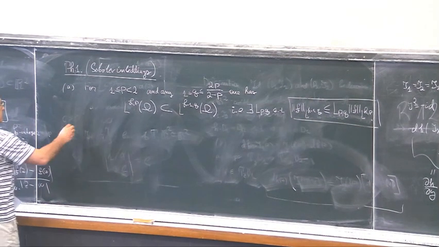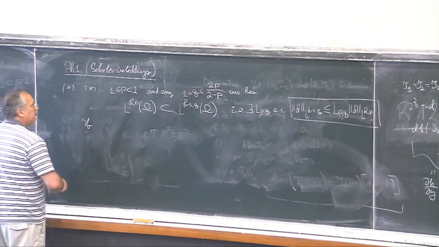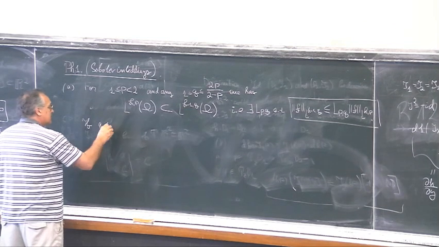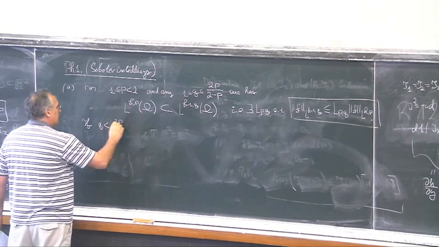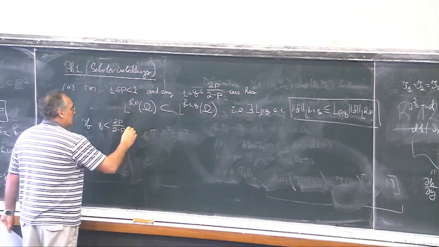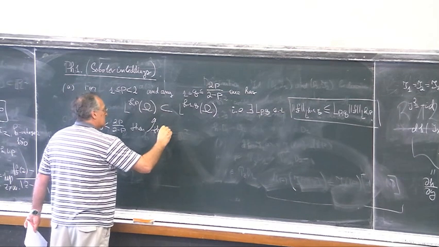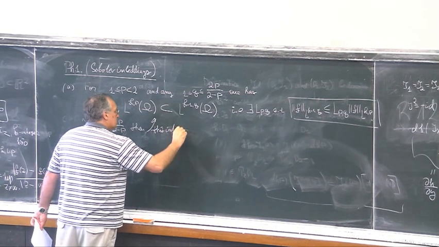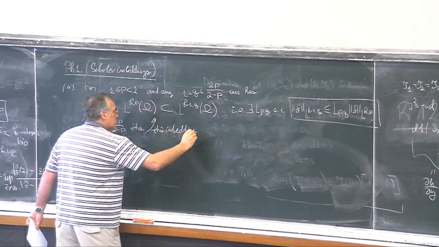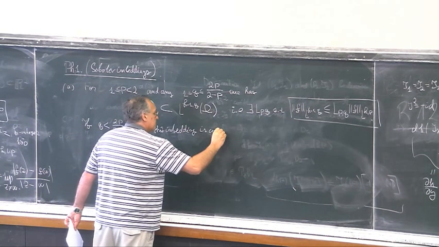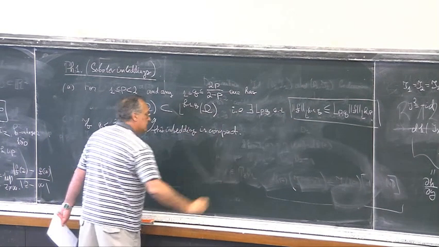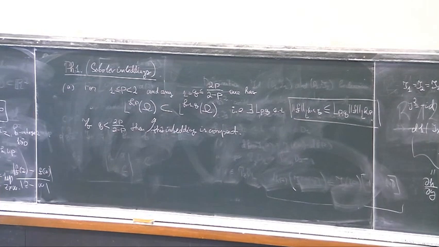If q is strictly less than 2p over 2 minus p, then this embedding is compact. It is a compact operator.